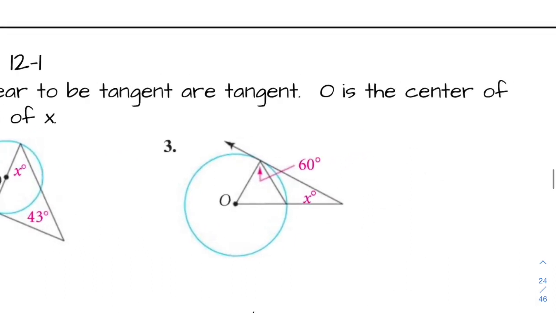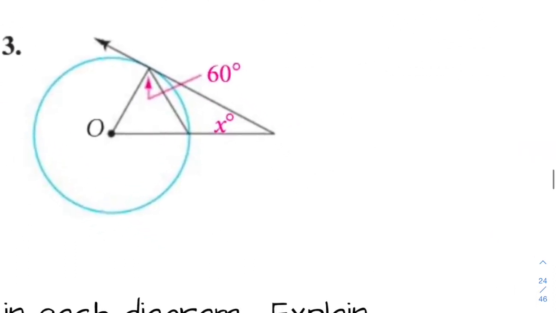Ooh, this one's a little bit tough. Let's take a look at this one. Well, if that one's 60, we know that that angle's 60. Oh, take a look at this. This is cool. All radii are congruent, right? So they're all the same length. Well, looks to me like you have an equilateral triangle.